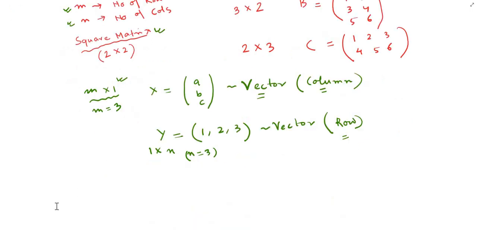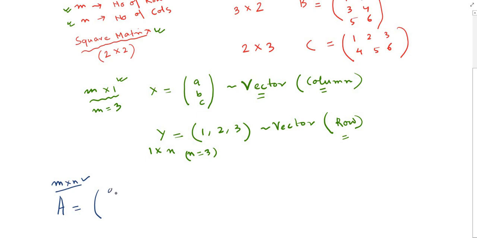Okay, so one last thing in today's class: what is the general form of a matrix? Suppose this is an m by n matrix.